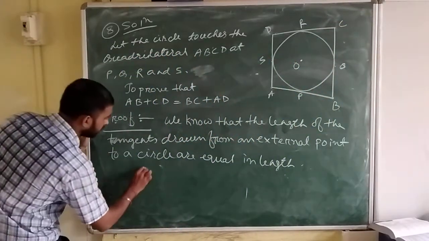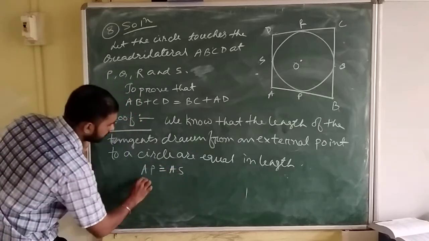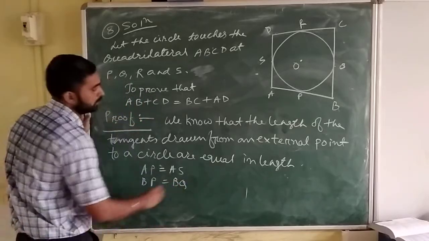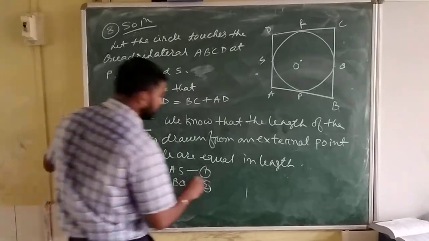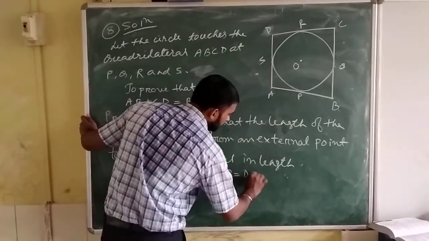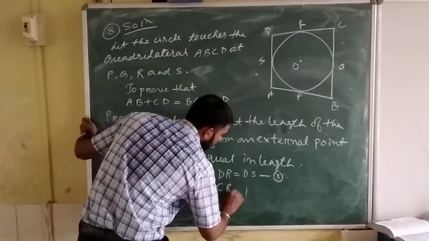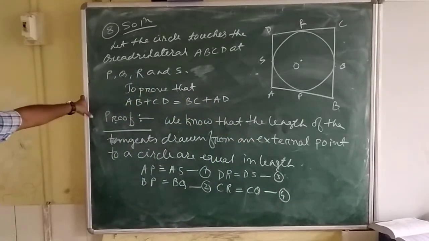So AP equals AS, equation 1. BP equals BQ, equation 2. DR equals DS, equation 3. CR equals CQ, equation 4.